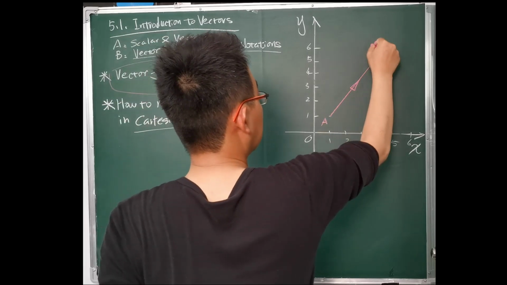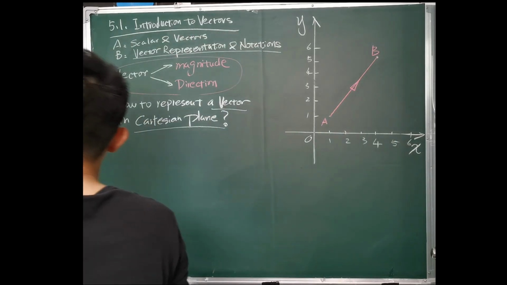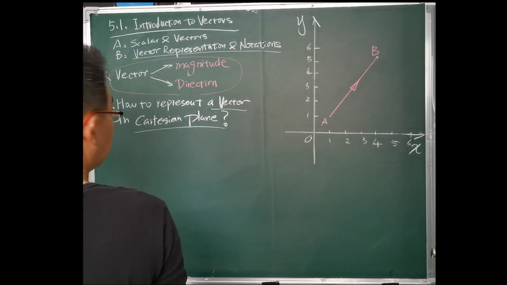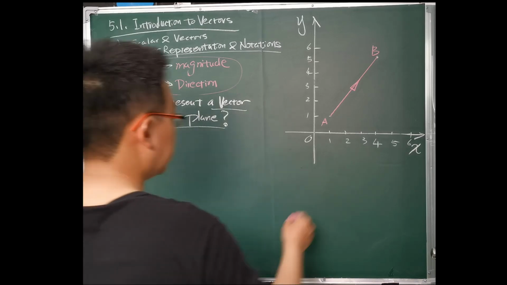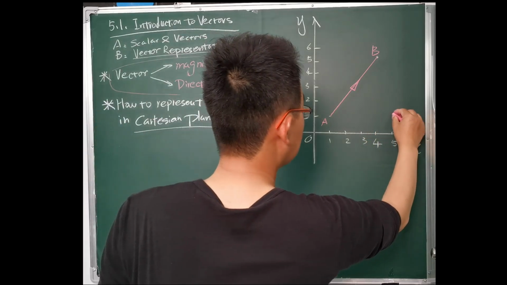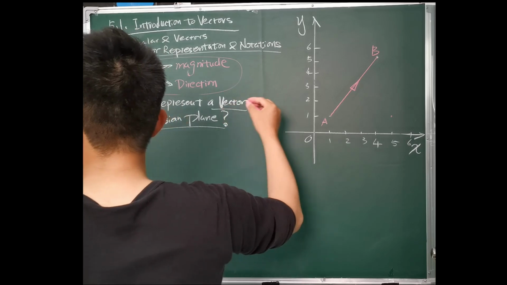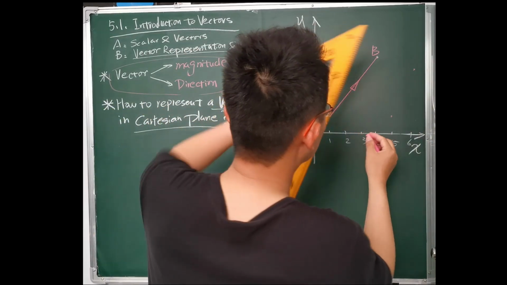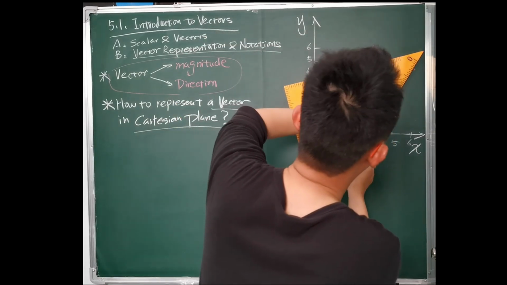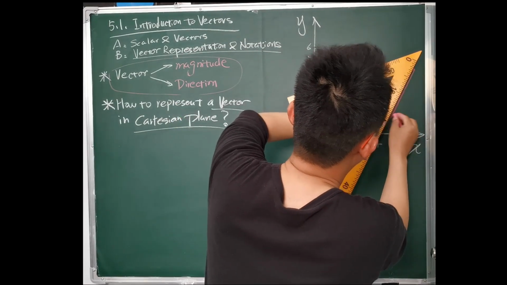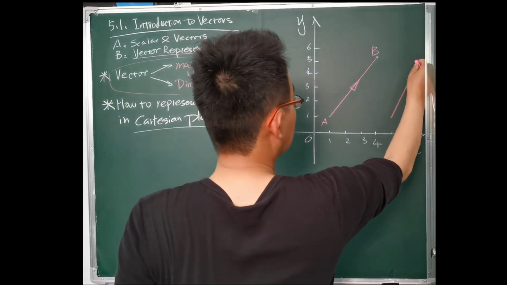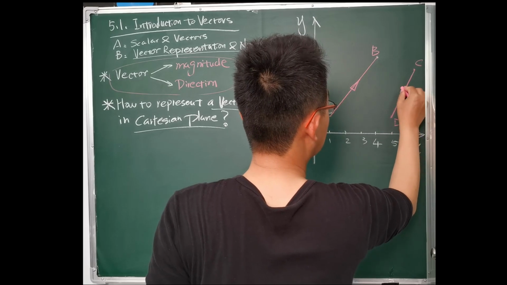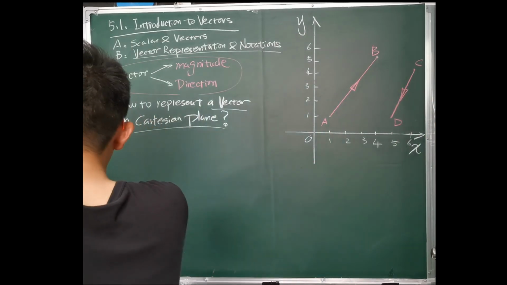So this is A, and this is B. And then we also have another line, at D. Then we draw another line coming down, in this direction. So this is C, this is D. They're coming down.